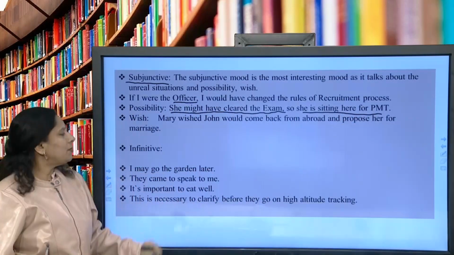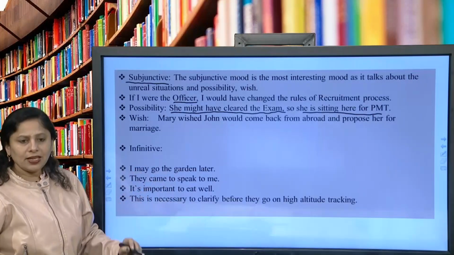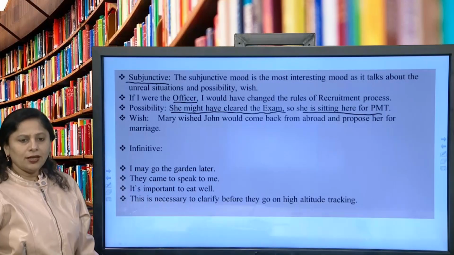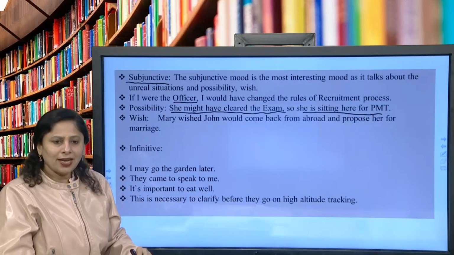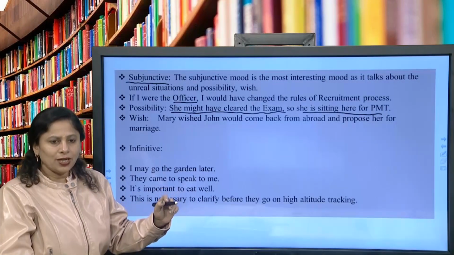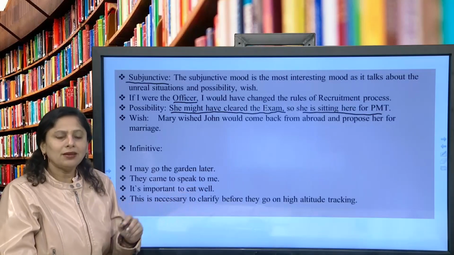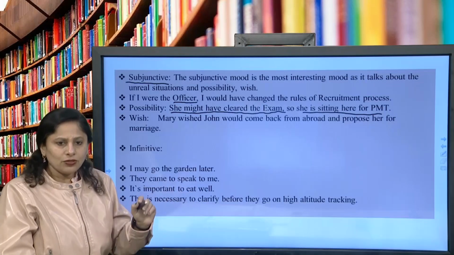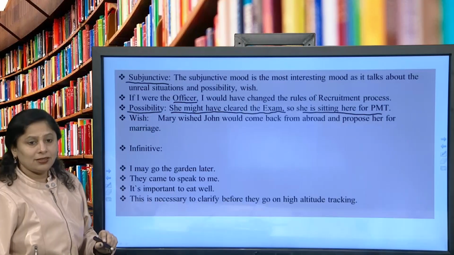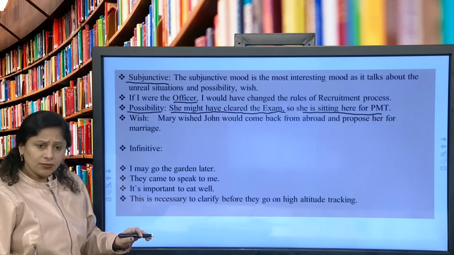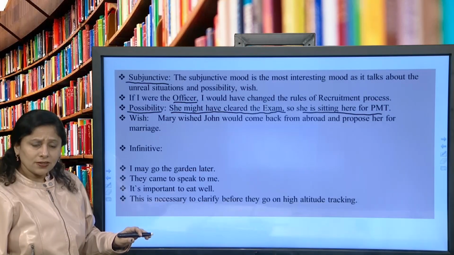And for that purpose, she is sitting here because she has cleared the exam. Now there is only physical measurement test, and afterwards she would be getting the interview and she would be selected as the sub-inspector or police constable. So the idea is the possibility. Has she become the police constable or police sub-inspector?